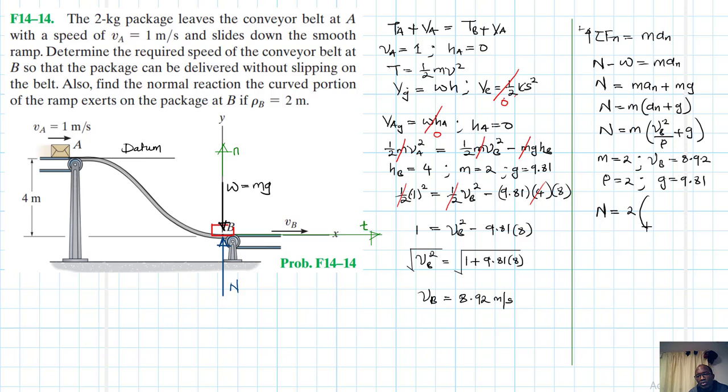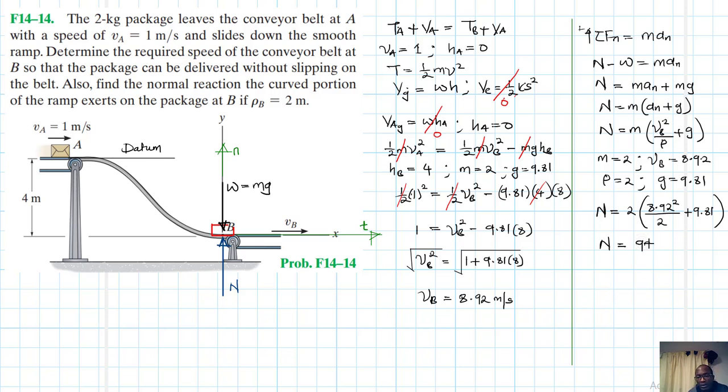Therefore, the normal force is 2 times 8.92 squared divided by rho, which is 2, plus 9.81. Therefore, N is equal to 8.92 squared divided by 2 plus 9.81, then times 2.